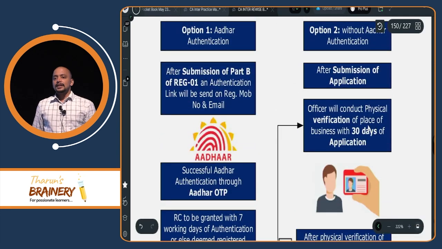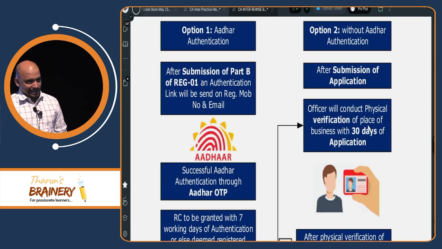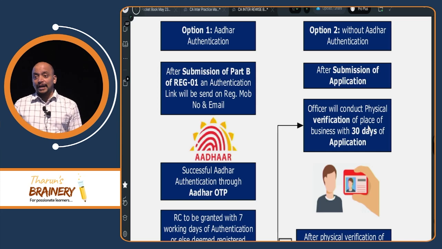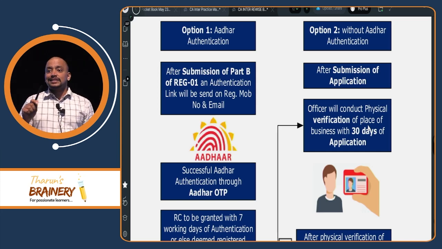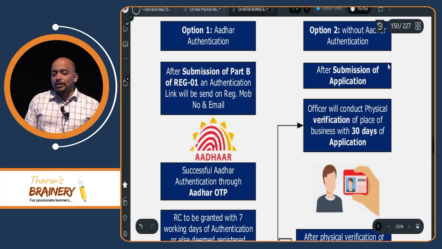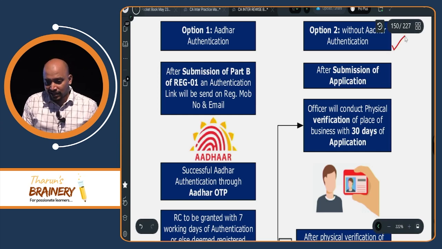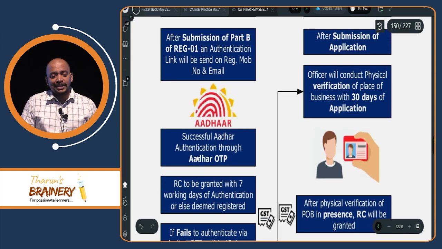Got it? After 15 days, even though you submitted the application with authentication, as you did not complete the authentication within 15 days, on expiry of 15 days it is deemed that you made an application without Aadhaar authentication.